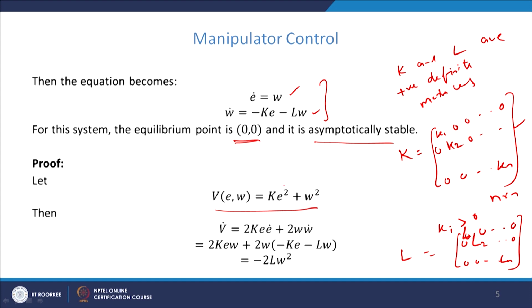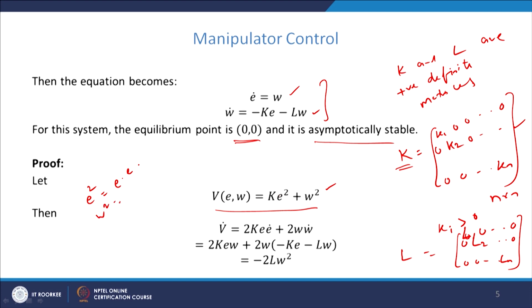First thing is K is positive definite as we have selected, and therefore, the function on the right hand side is a positive definite function, because it is 0 only when E and W both are 0, and it is positive for all other values of E and W. Because E is a vector here, E square does not mean the scalar square; it is the vector E dot E, the norm of E square.